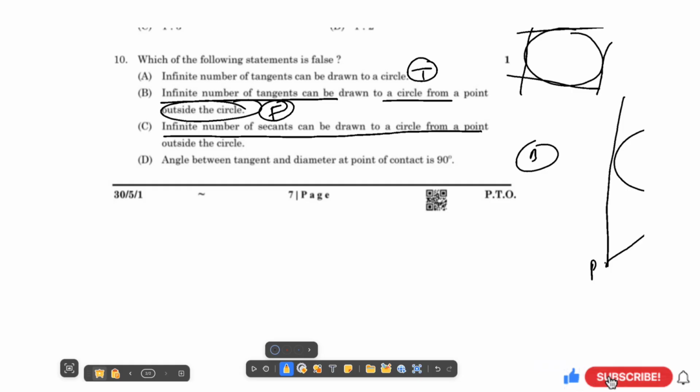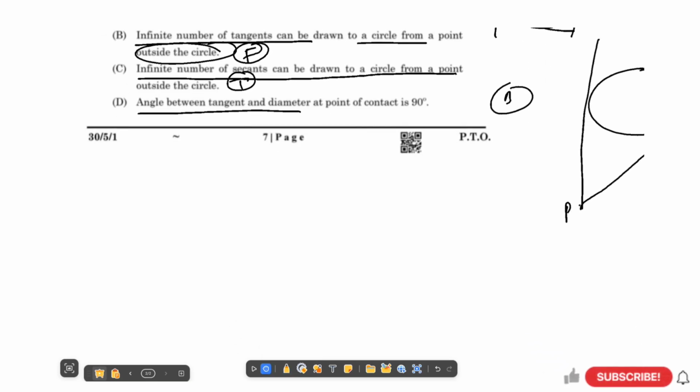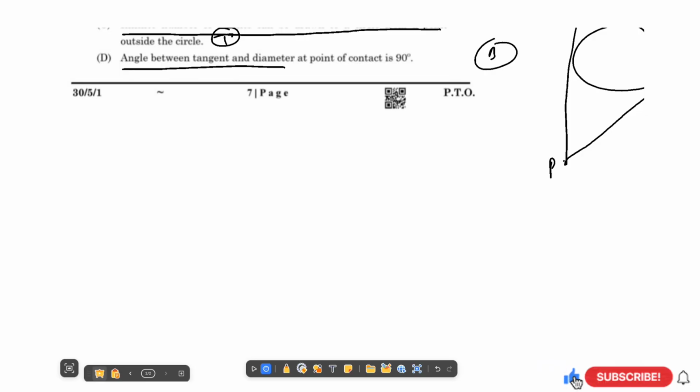So option C is true, and option D: the angle between the tangent and diameter of a circle at the point of contact is 90 degrees. Yes, the angle between the tangent and diameter is 90 degrees.